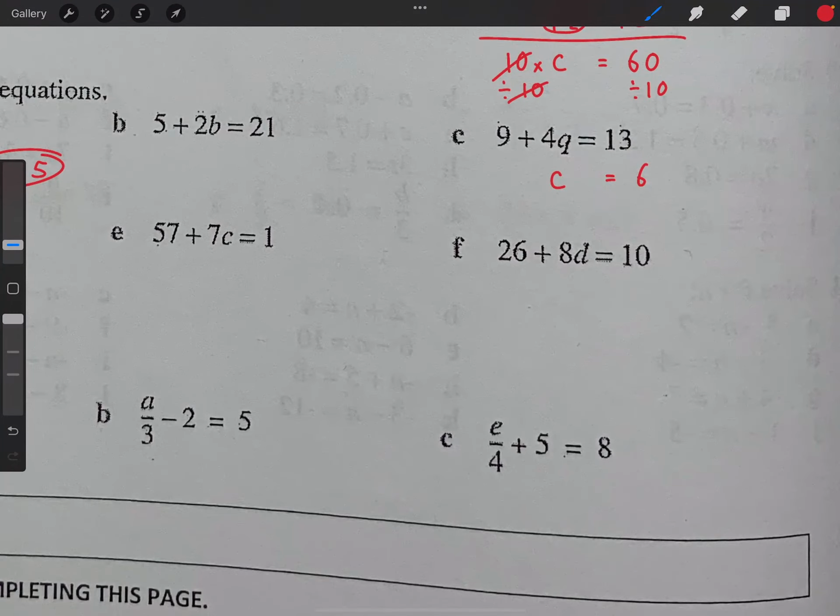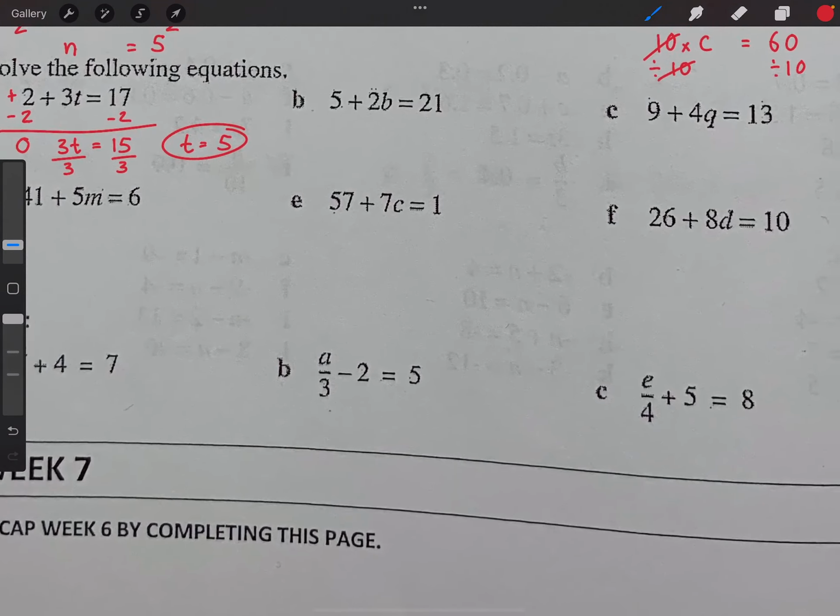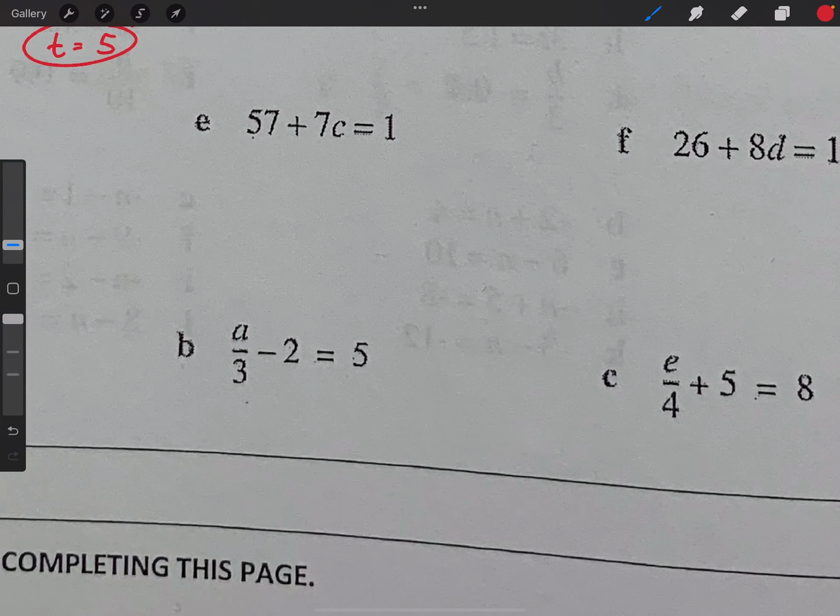Not too tricky, I hope. Let me rub this out. C is equal to 6. Alright, let's try this one, question E. Again, you have a positive 57 plus 7c equals 1.